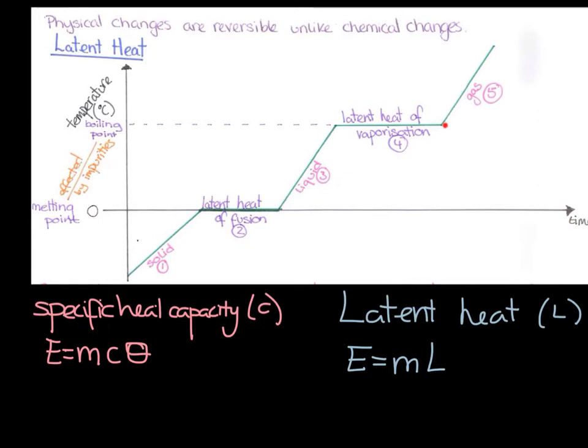But if you had steam, which is a gas at the same temperature, that gas contains all of this extra heat here, and that heat is dissipated to your skin as the steam condenses on it, and so a steam burn transfers a lot more energy to your skin than a water burn. So that's one common question that comes up when talking about latent heat.